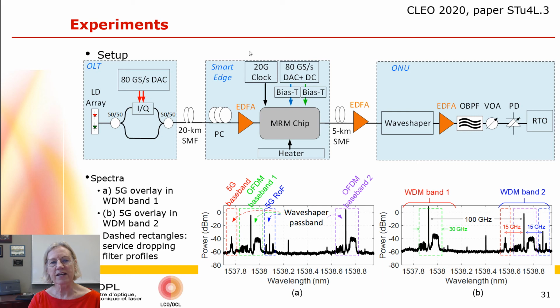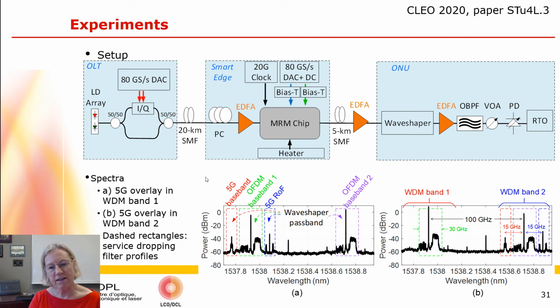So we have a clock source that creates the subcarriers, and then we have a digital to analog converter or an arbitrary waveform generator that generates our analog radio over fiber signals and puts them on the signal. From that, we go into test equipment that recreates the ONU. We're just testing in this part the Smart Edge version.